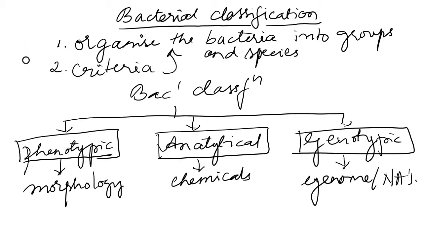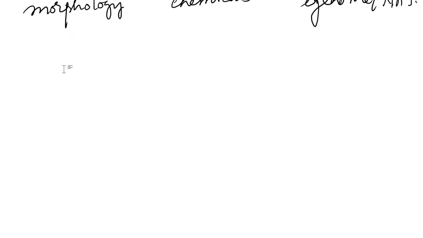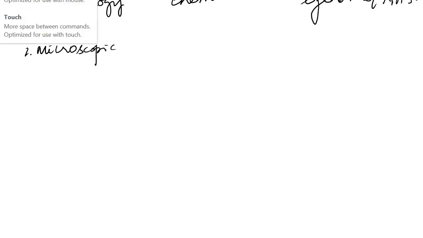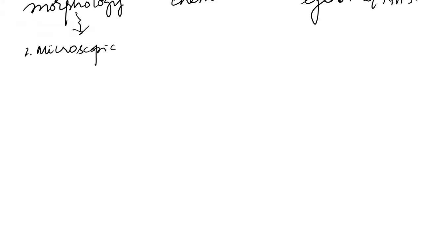Now let us see one by one, starting with phenotypic classification. In the phenotypic classification we can do it in several ways. The main important are seven types of characteristics considered for phenotypic classification. Number one, microscopic morphology. Number two, macroscopic morphology.